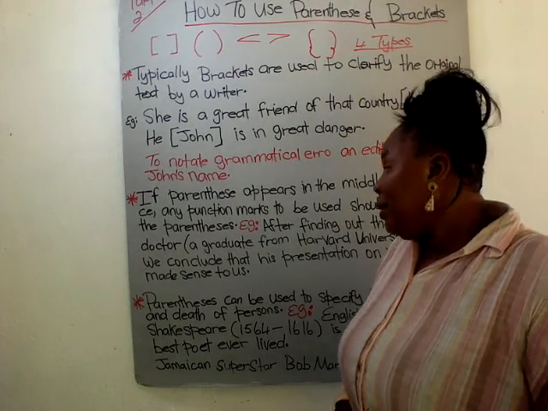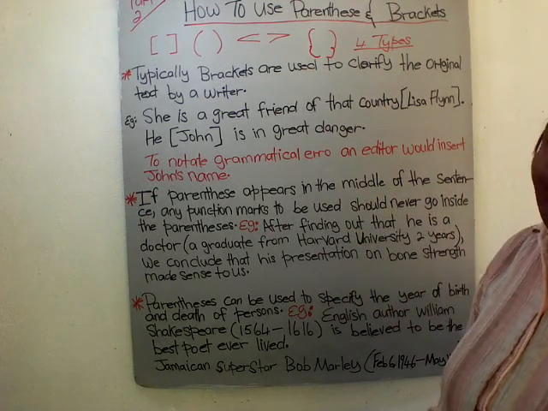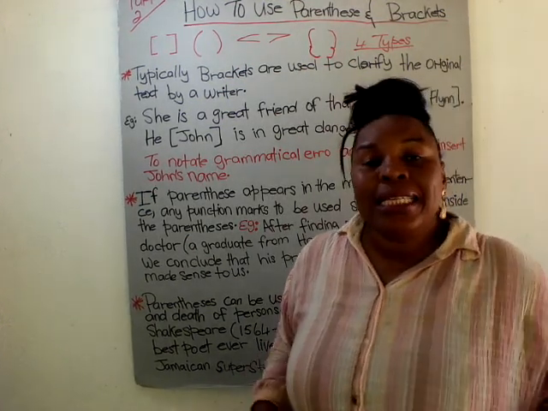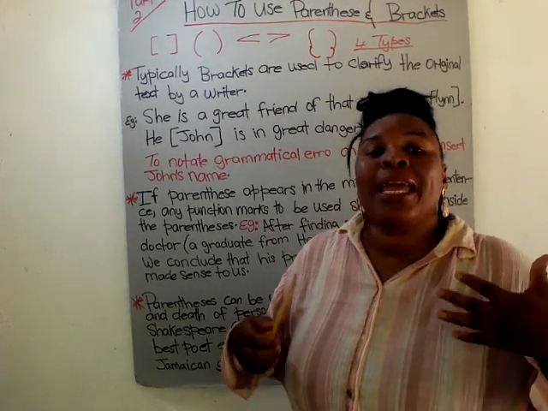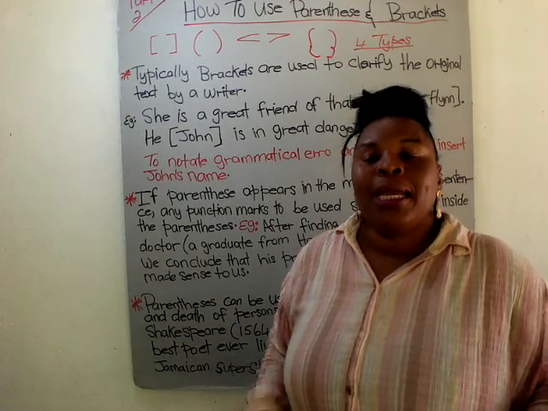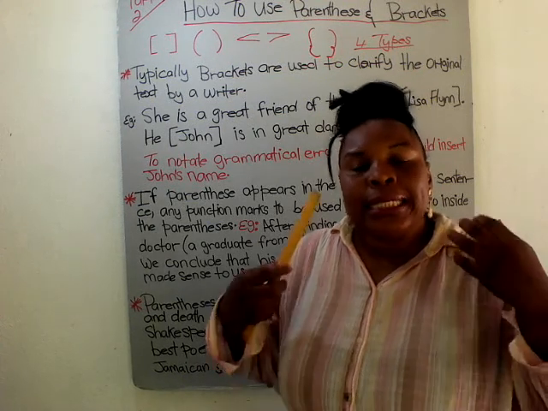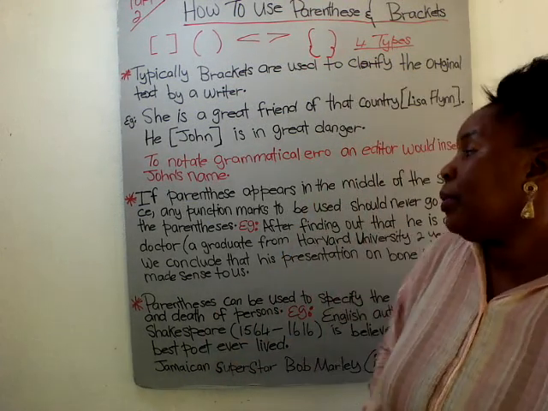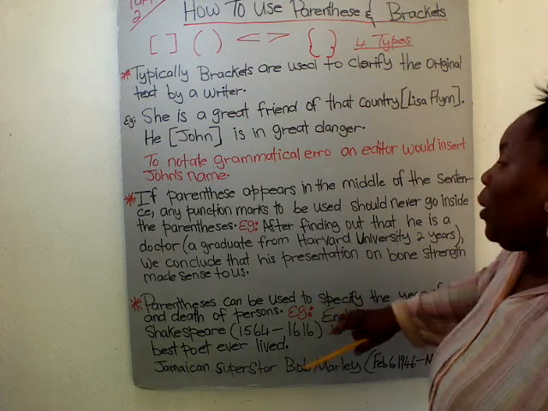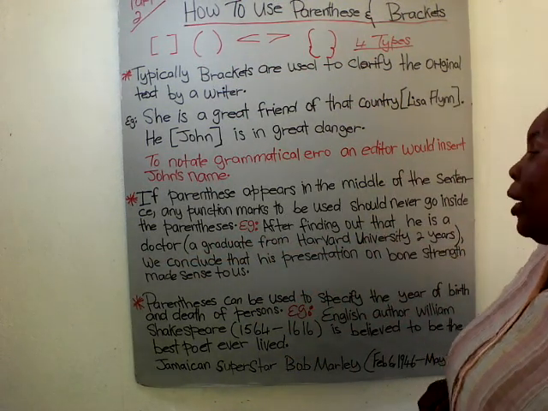Also keep in mind, if you should omit the parentheses, the sentence is supposed to still make grammatical sense to the reader. Alright? The sentence should still make grammatical sense to the reader. Example, say we take away a graduate from Harvard University for 2 years, right?